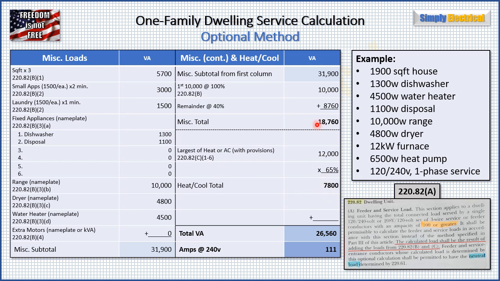So we just add those two together. We come up with a total VA of 26,560 VA for the entire single family dwelling. And we know that 240 volt single phase is our voltage, so we just divide by 240 and we get 111 amps. And that is our service size.